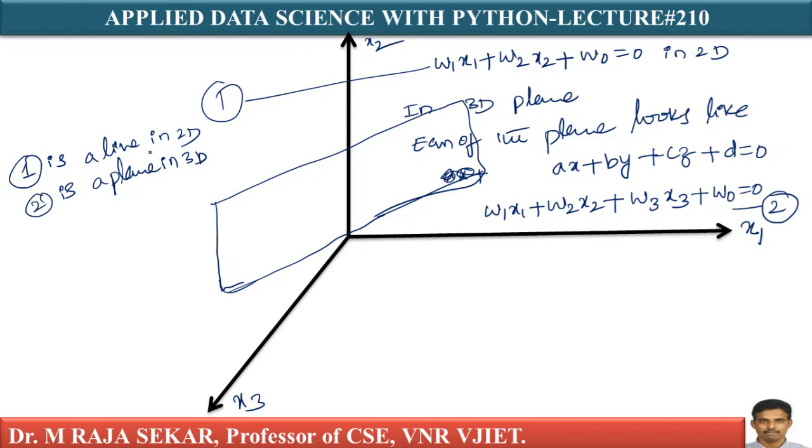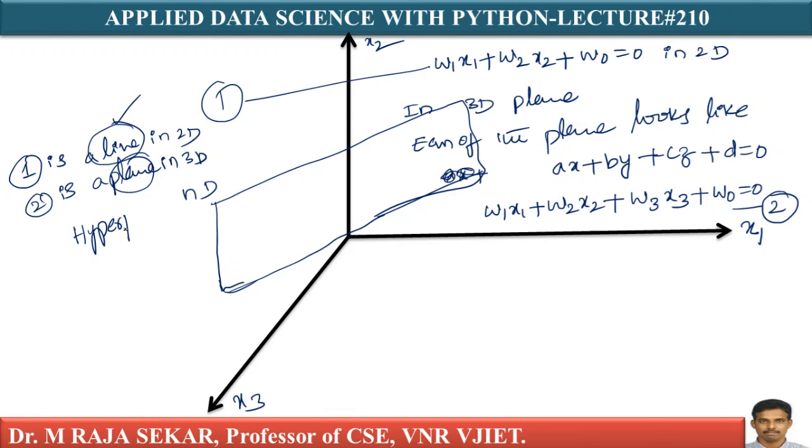My immediate question is, what about n-dimensional space? What is it called in n-dimensional space? In 2D we are saying line, in 3D we are saying plane. What about n-dimensional space? That is nothing but a hyperplane, isn't it?